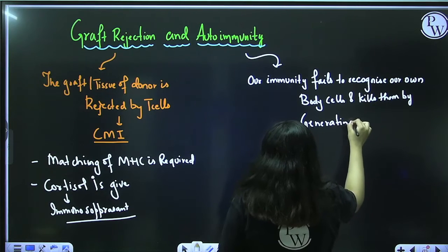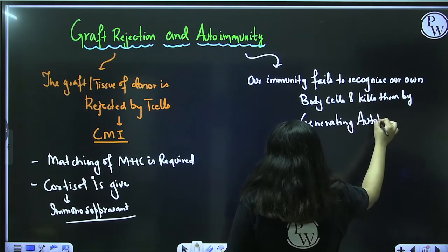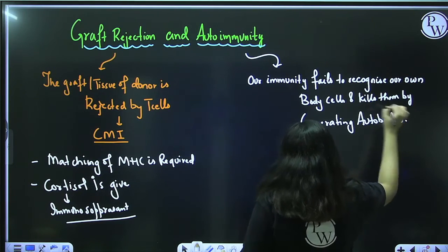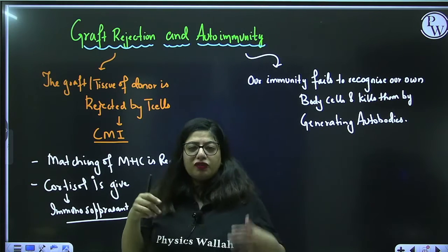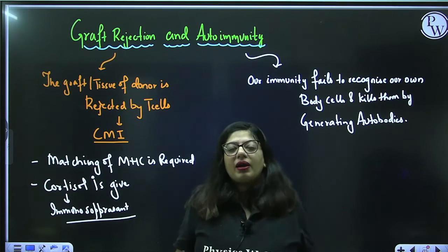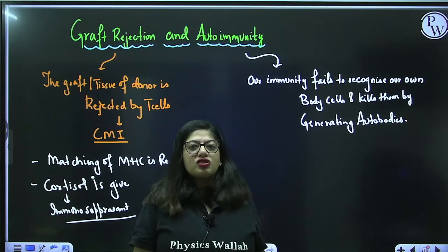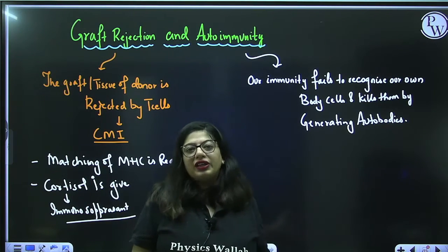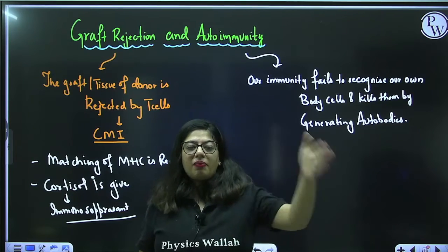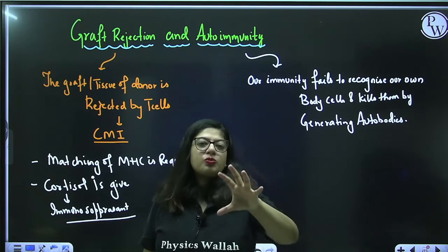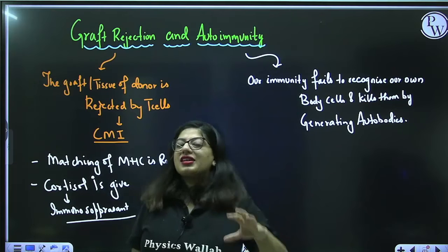For example, somehow if my body starts to feel that the beta cells of my pancreas are foreign, the immune system starts to feel that the beta cells of my pancreas are foreign. Now an immune response will be generated against it and the cells will be killed.